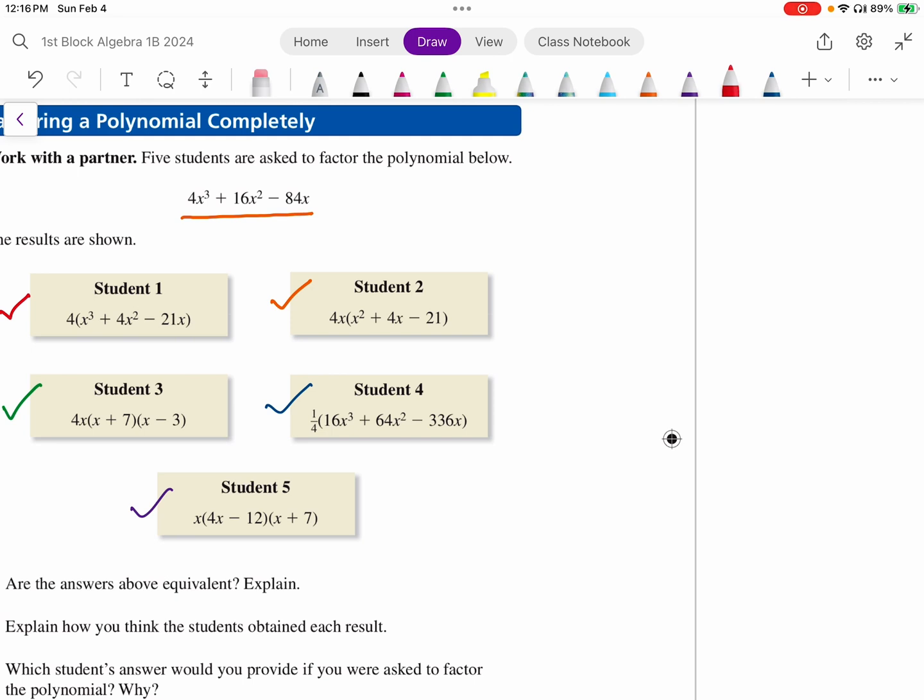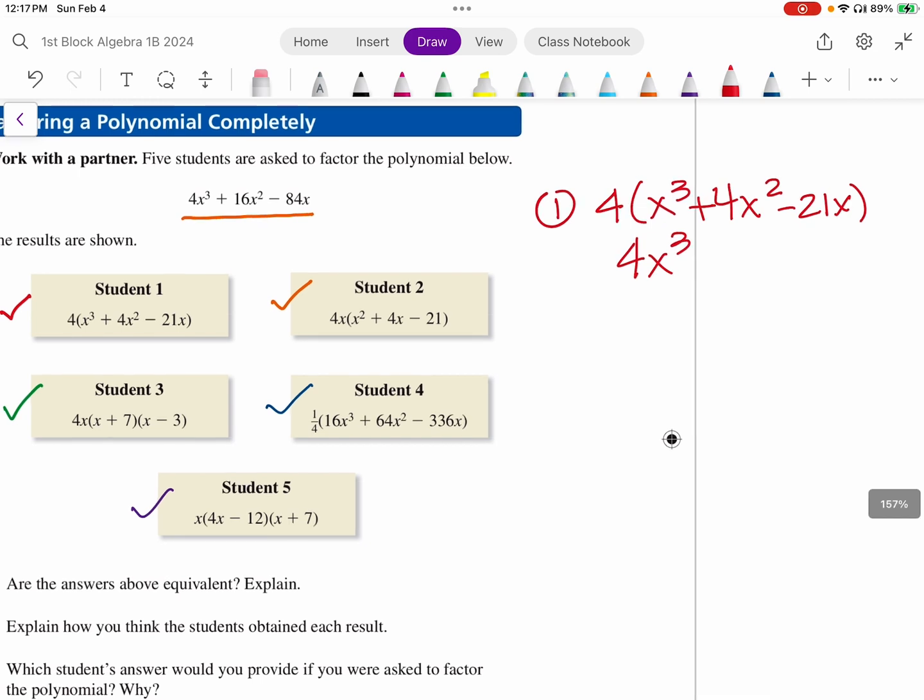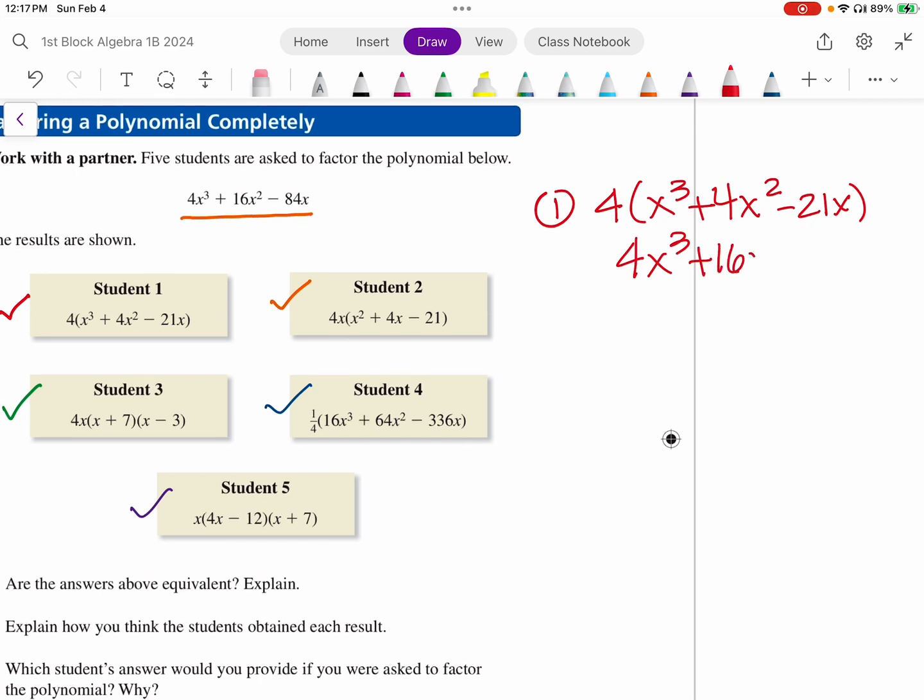All right, welcome back to the video. For student 1, they had 4 times x to the third plus 4x squared minus 21x. So 4 times x to the third is 4x to the third. 4 times 4x squared is 16x squared. 4 times negative 21x is negative 84x.